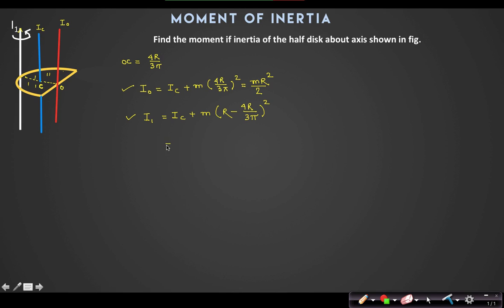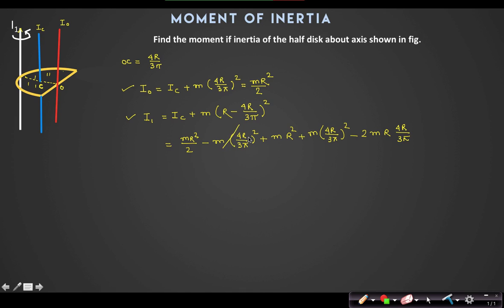Now I can replace IC, which is mr square by 2 minus m into 4r by 3 pi whole square, plus m into r square plus m into 4r by 3 pi whole square minus 2mr into 4r by 3 pi.